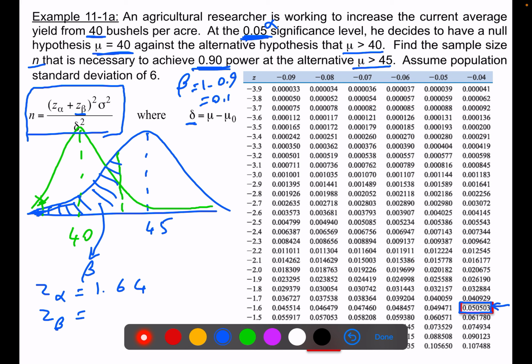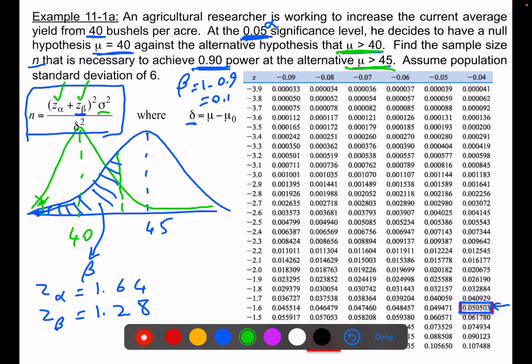That's all we need. We have Z of alpha here. We have Z of beta. We have delta, which is 5. Delta is the difference between these two. And sigma is 6. Assume population standard deviation of 6. Yeah. So we have everything to plug into the equation, right?